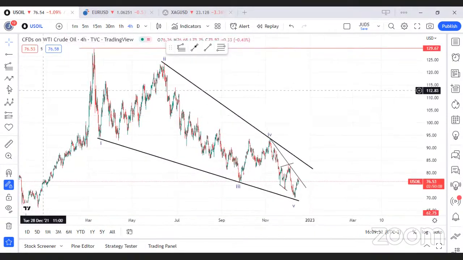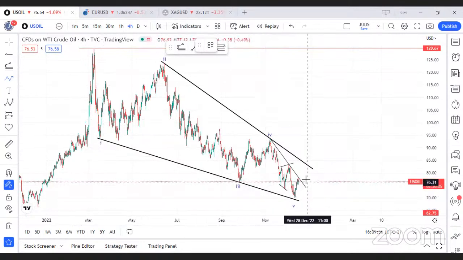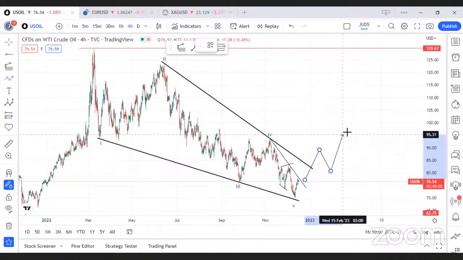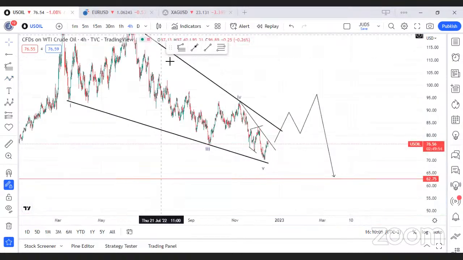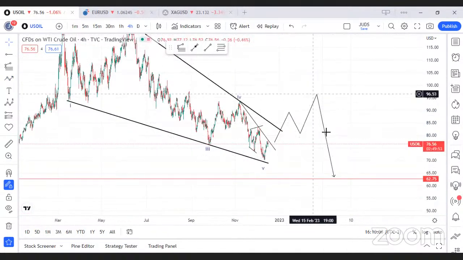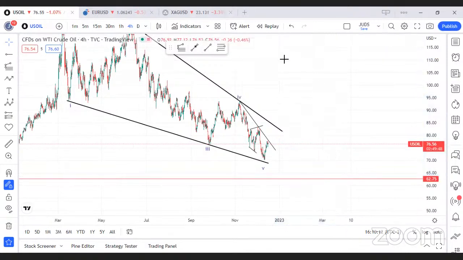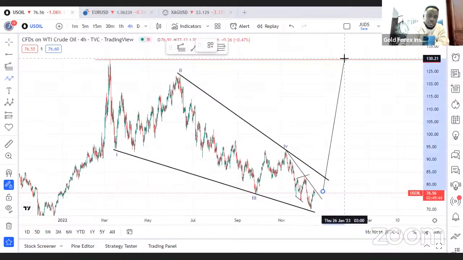If it's a leading diagonal 1, 2, 3, 4, 5, then we are expecting it to break and give us a big A, B, and then C, or either the whole correction is complete and then it continues.